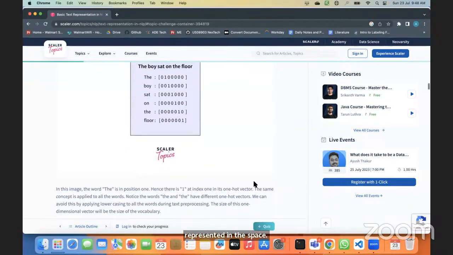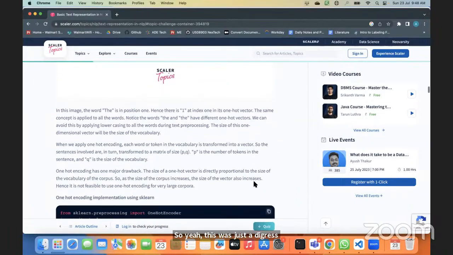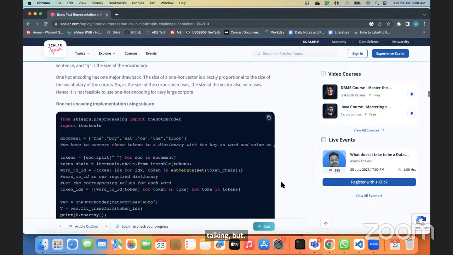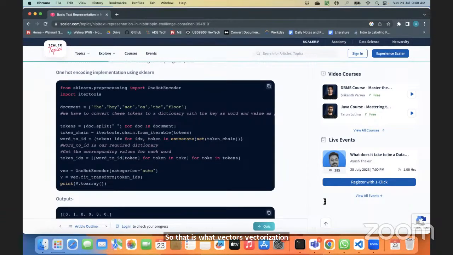This is just a digression from what we were talking about, but that is what vectorization basically means. And this is a very basic way to involve semantics using context. We are still not saying what the exact meaning of king is, but using king in sentences like: the king is ruling the kingdom, he died in 1976, he was born in 1902, the king had 3 queens, the king was born in India.